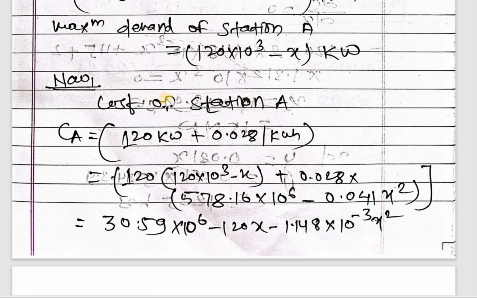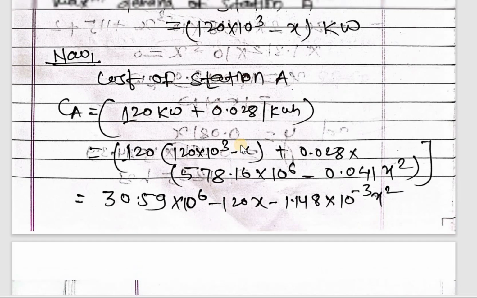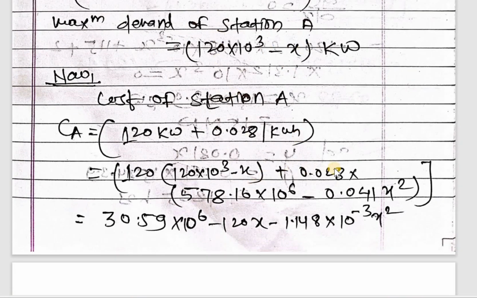Cost of station A is already mentioned in the question. So you can multiply 120 into (10 to the power 3 minus X), plus 0.02 into the above energy value.